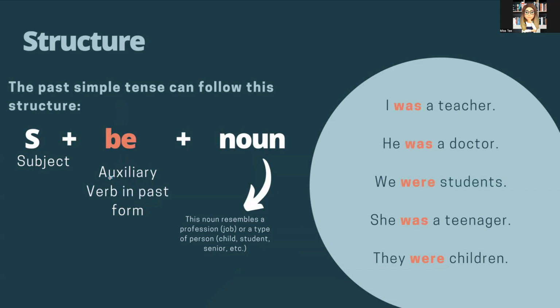So we're going to use was or were again. So that means can be was for singular or were. And then over here, we're going to have a noun. And this noun resembles a profession, like a job, or a type of person, a child or a student or a senior.